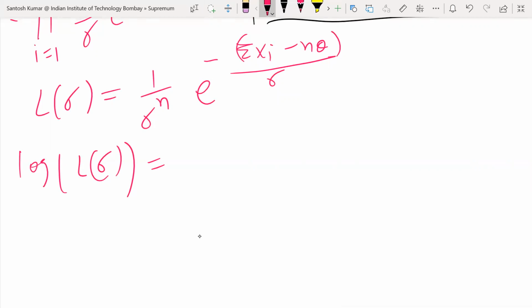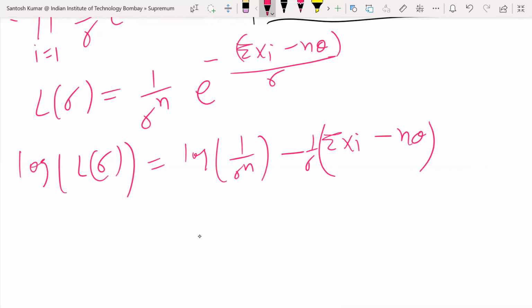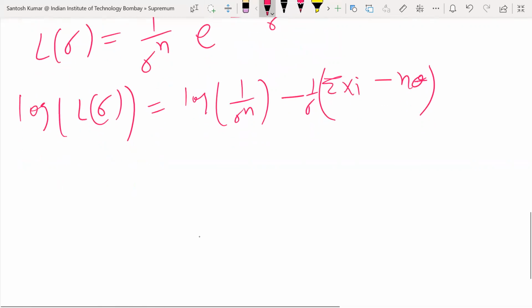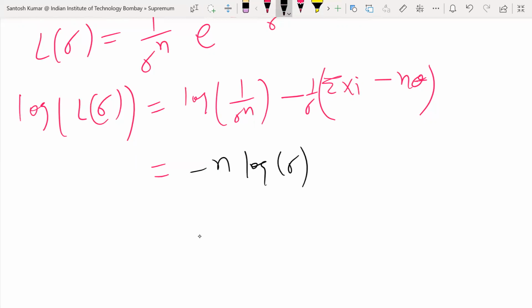So log of A into B. You will get log of 1 upon sigma raised to power n, minus, since log e raised to power x is x, finally summation xi minus n theta over sigma. So we get sigma raised to minus n, so minus n log sigma. That is the log likelihood function of sigma.